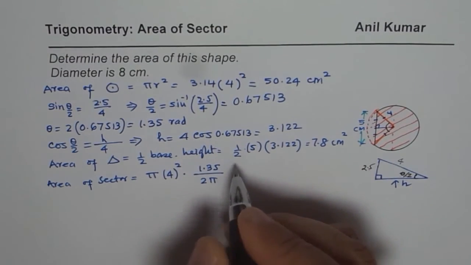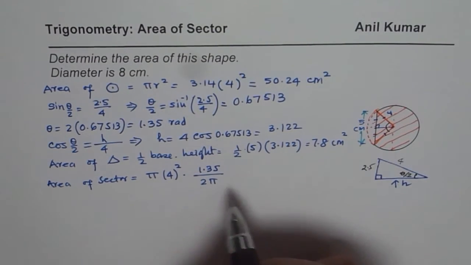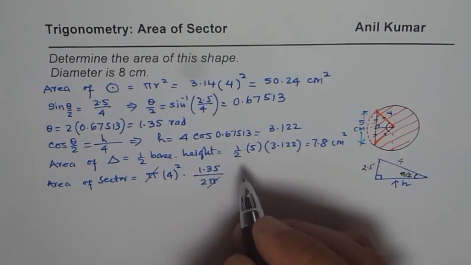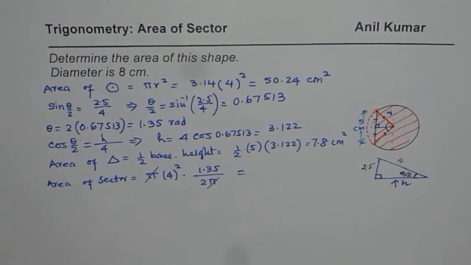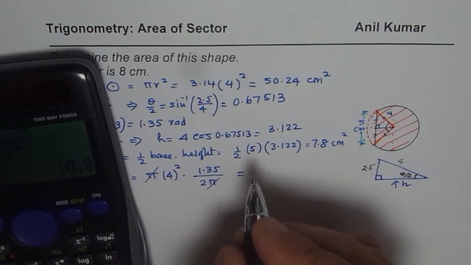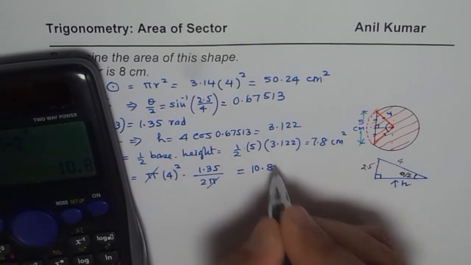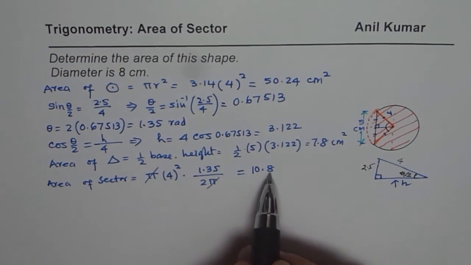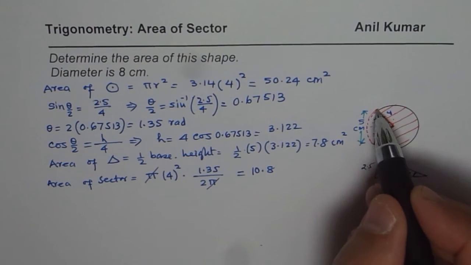Once you simplify, pi and pi cancel out, so it becomes slightly easier. So we have 4 square times 1.35 divided by 2, 10.8. So the area of the sector is 10.8. So that is the whole thing.